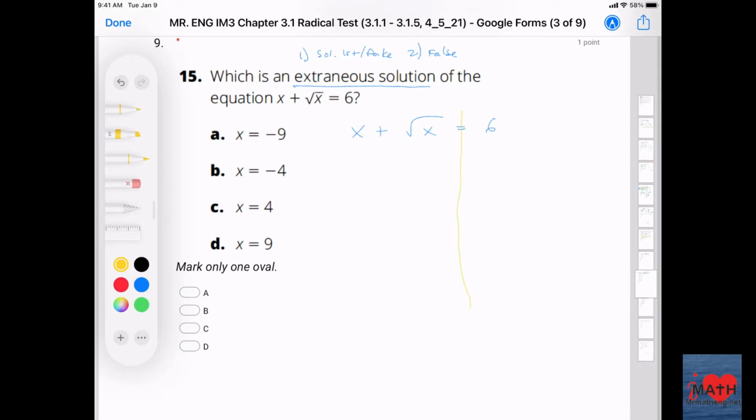Alright, we've always talked about isolating the variable we're trying to solve for. So I'm going to subtract x from both sides. This gives me 0, and this gives me the square root of x equals 6 minus x.